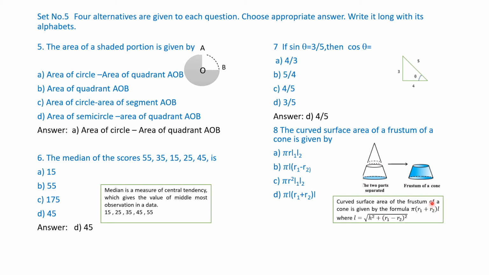This is the relationship you have to remember. That is, curved surface area is given by pi into R1 plus R2 into L. And the answer is pi into R1 plus R2 into L. This is the answer.